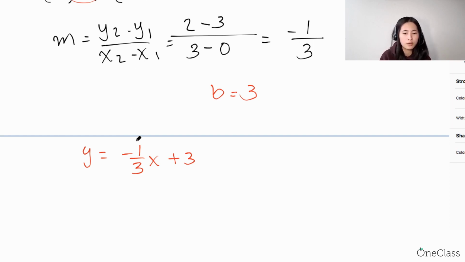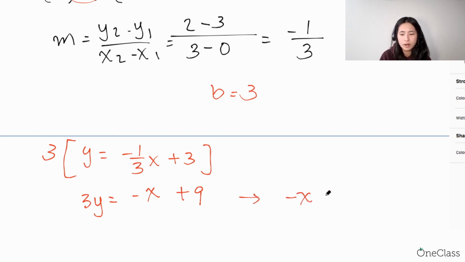If you have this 3 over here, for this to become a whole number, you need to multiply your entire equation by 3 to eliminate this denominator. So you would have 3y equal to negative x plus 9. Does that make sense? So when you rearrange this, you get negative x minus 3y equal to 9.